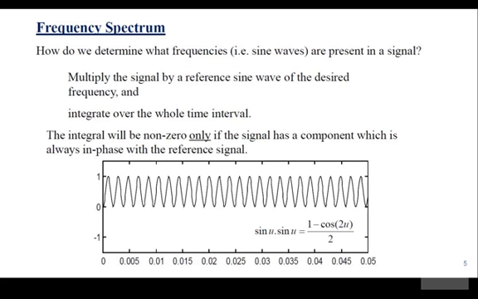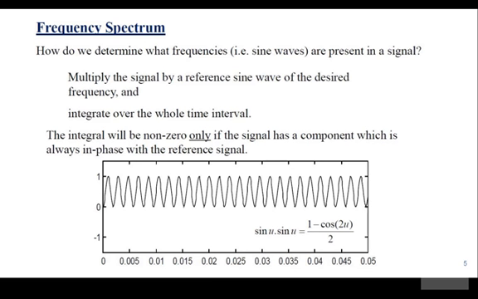The integral will be non-zero only if the signal has a component which is always in phase with the reference signal. So if we multiply with a particular frequency, the only non-zero component will be the frequency component that matches the frequency in the reference sine wave.